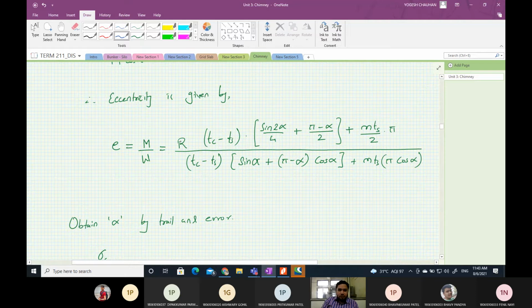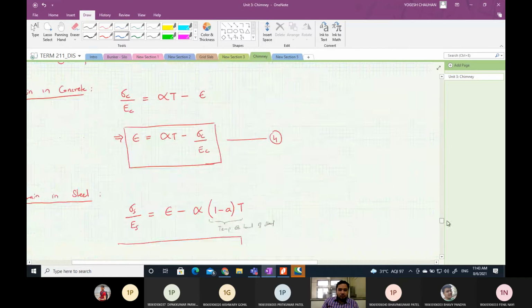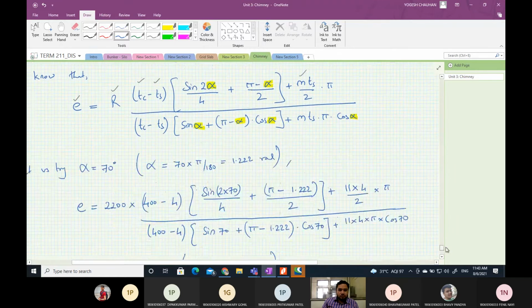Now from this equation, we know the eccentricity, we know the Tc, Ts, we know the modular ratio, so we know the value of R. So the only thing not known to us is alpha. So by trial and error, we put the value of alpha so that the calculated value gives the value of eccentricity. And if this calculated value is the same as the actual eccentricity, that is 1610, then that alpha value is okay.